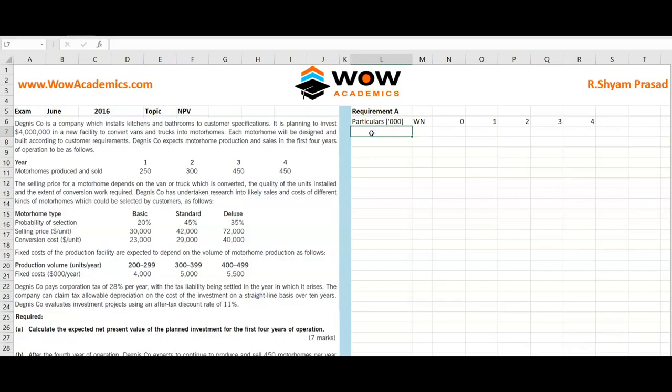The first number that we have to have is the sales number. But if you work out the sales number, it takes a long time to find the sales number, then the variable cost number, and then the other relevant numbers. Better, what we'll do is use working notes. So we'll start from working notes. The first working note, we'll take as the total contribution.